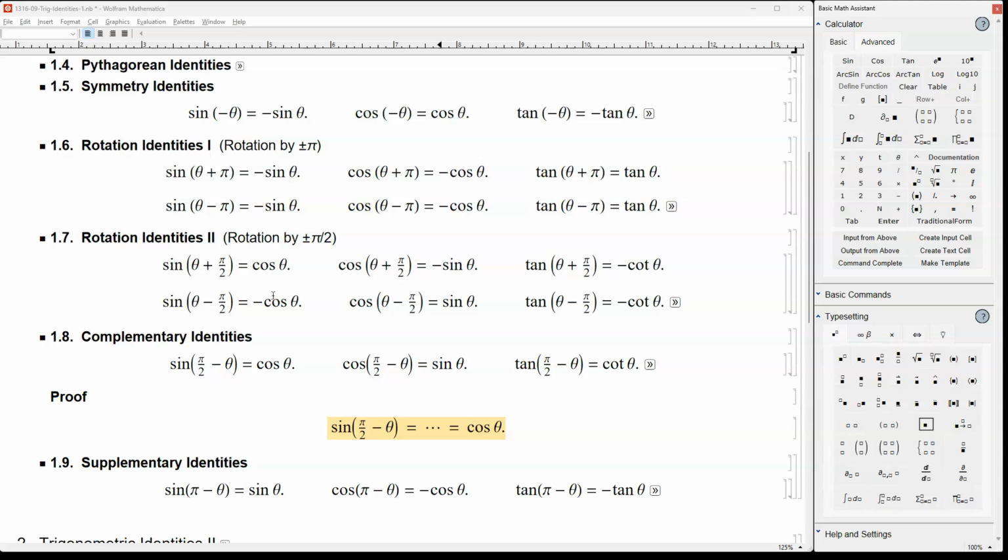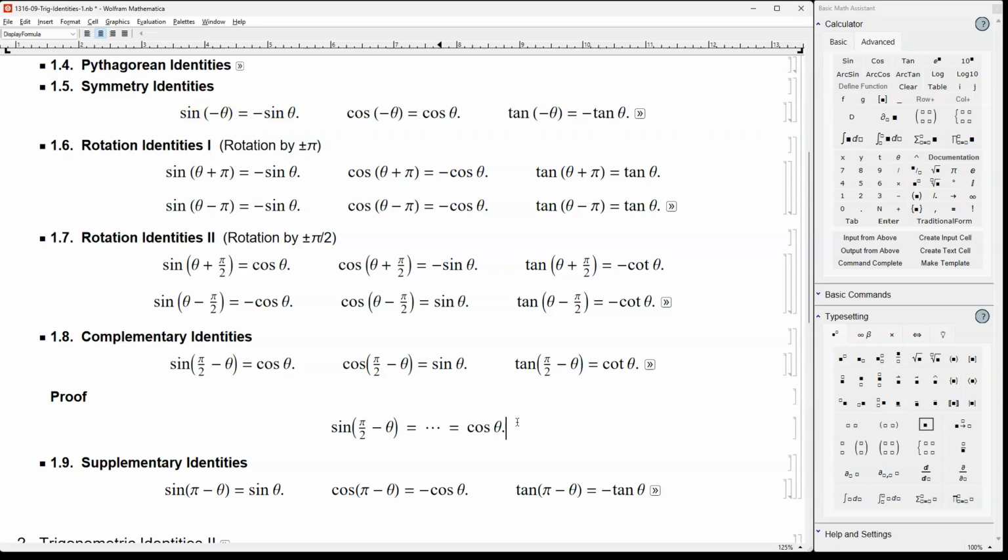Let's see, we already have rotation identity here. As a matter of fact, looks like we can use this and that. Sine of negative of theta minus pi over 2.